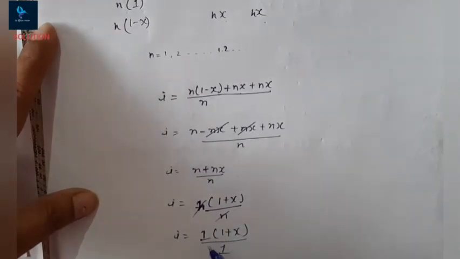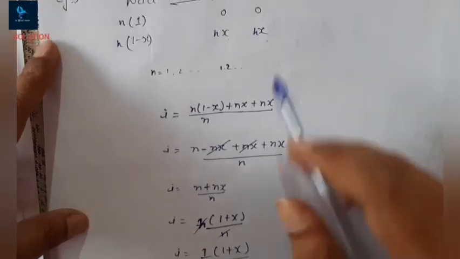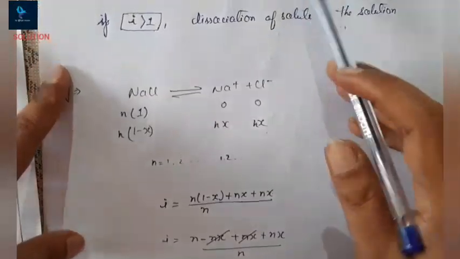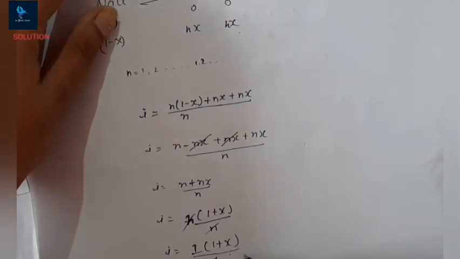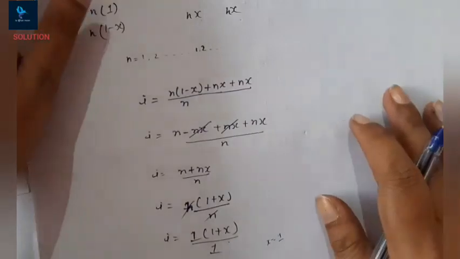We get i is equal to 1 plus x, the same as before. Here if we assume the value of x is equal to 1, we get i equal to 2.